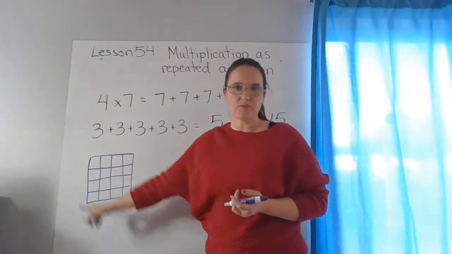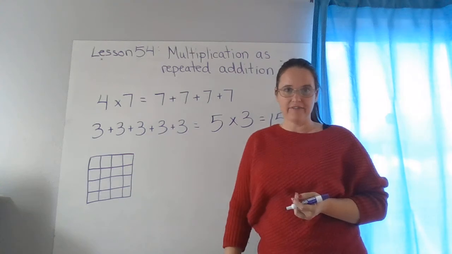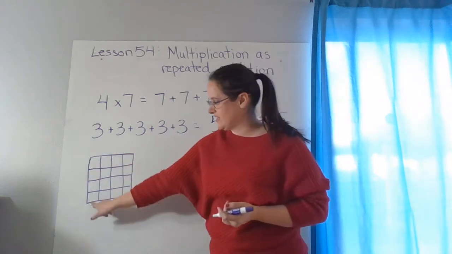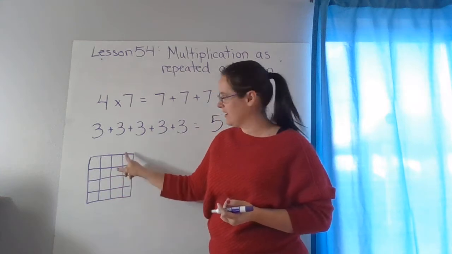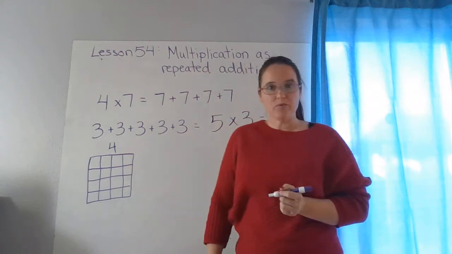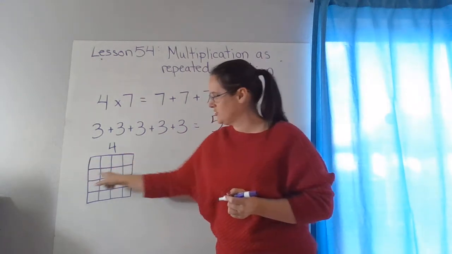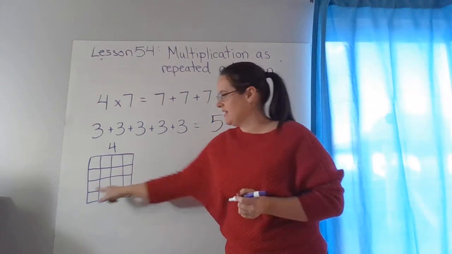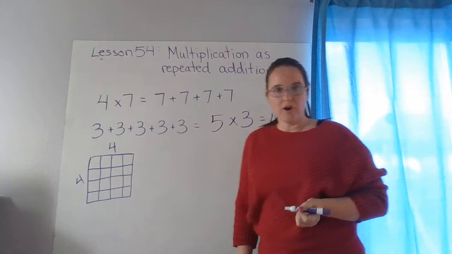So in this rectangle, how many columns do I have? Here's a column, 1, 2, 3, 4. So I have 4 columns. How many rows do I have? 1, 2, 3, 4. 4 columns and 4 rows.